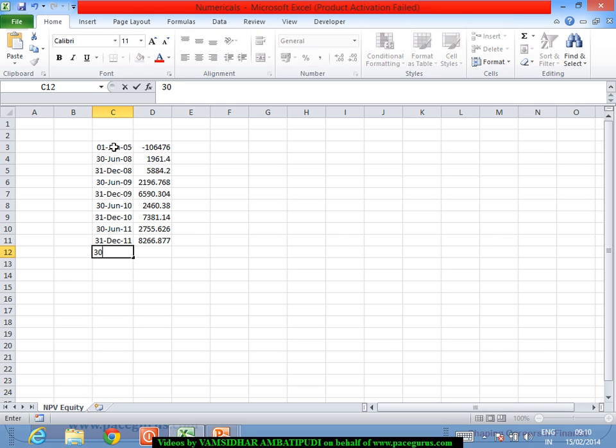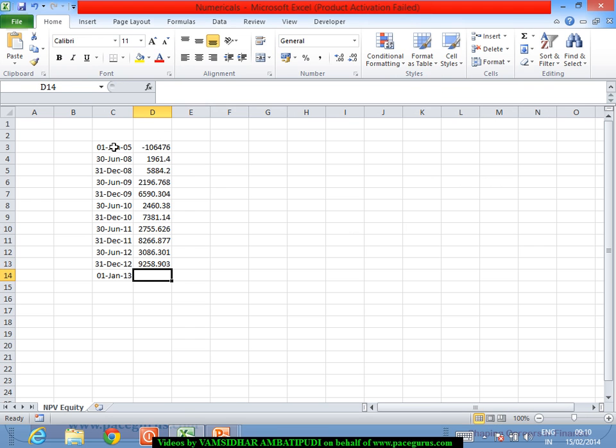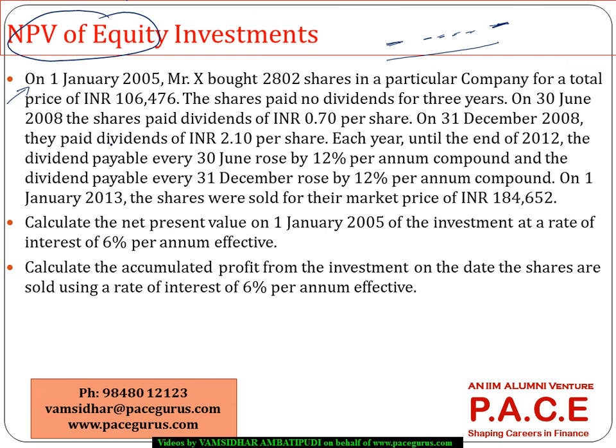And finally, 30th June 2012, this dividend got increased by 12%, and 31st December 2012, this got increased by 12%. And finally, on 1st Jan 2013, this got sold off for 184,652.